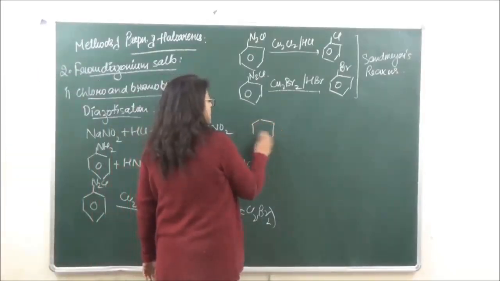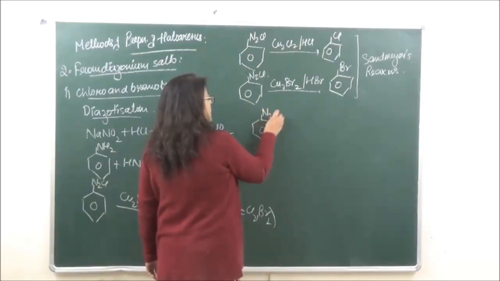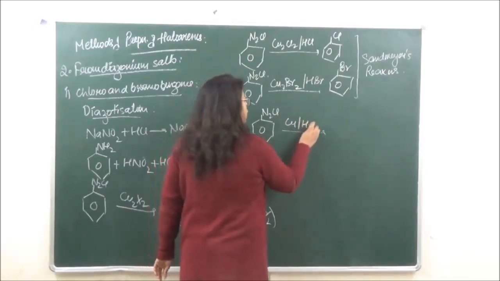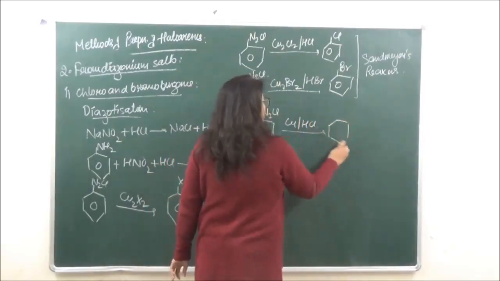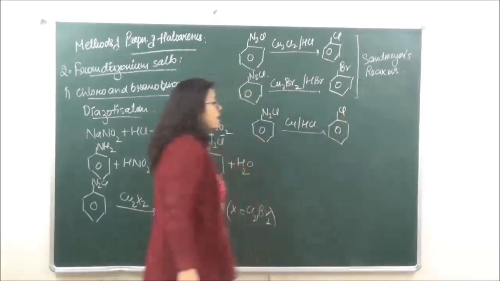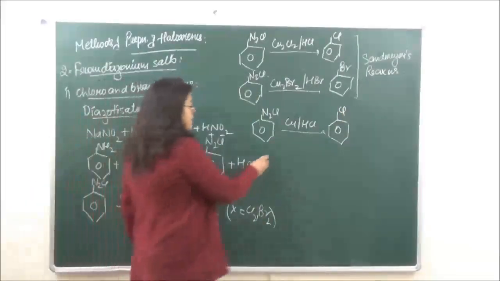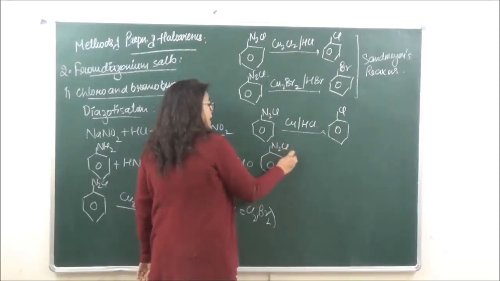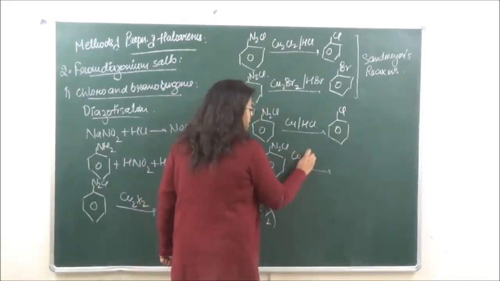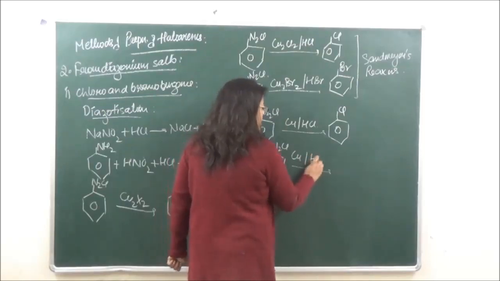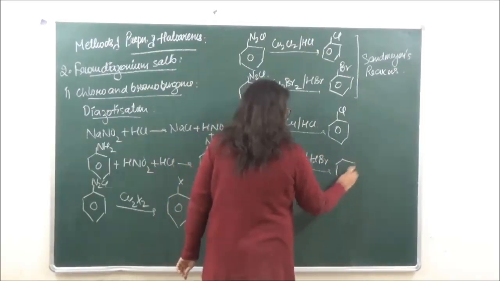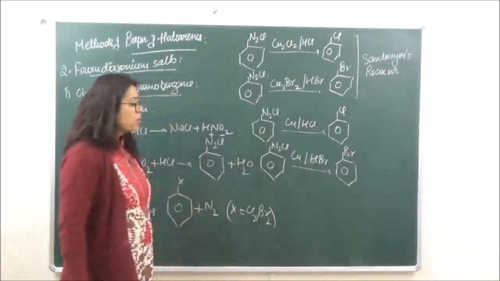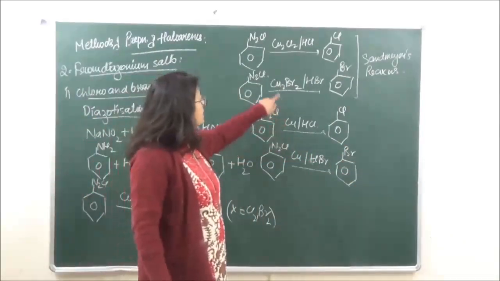In a similar manner, if we change the reagent to again form chlorobenzene and bromobenzene, we take N2Cl with copper in presence of HCl to give chlorobenzene, and N2Cl with copper in presence of HBr to give bromobenzene.